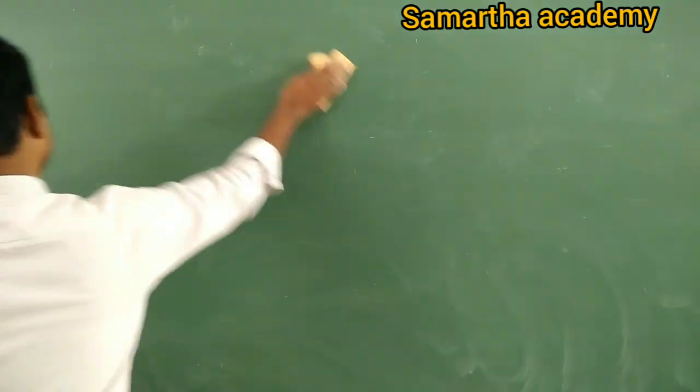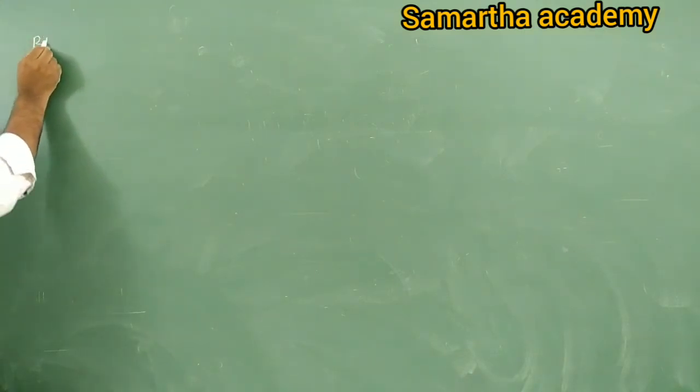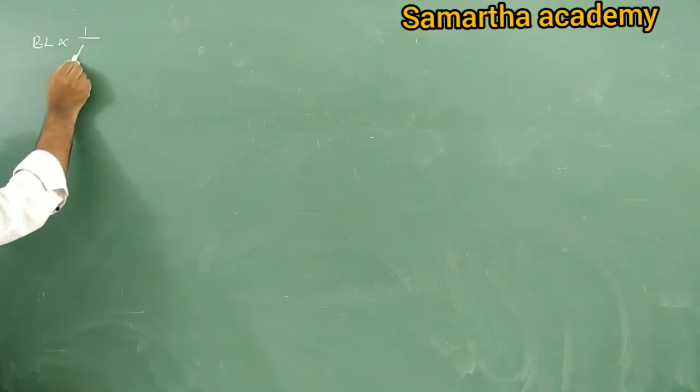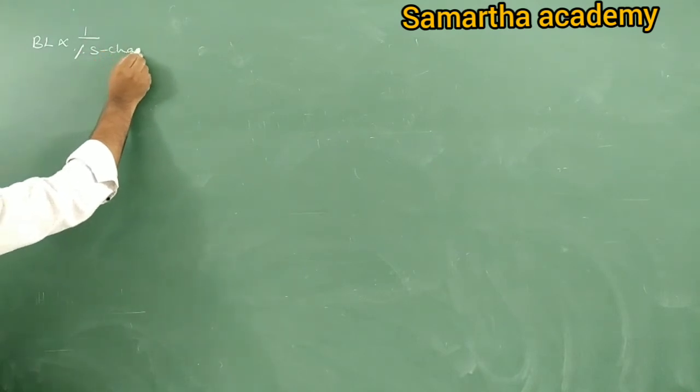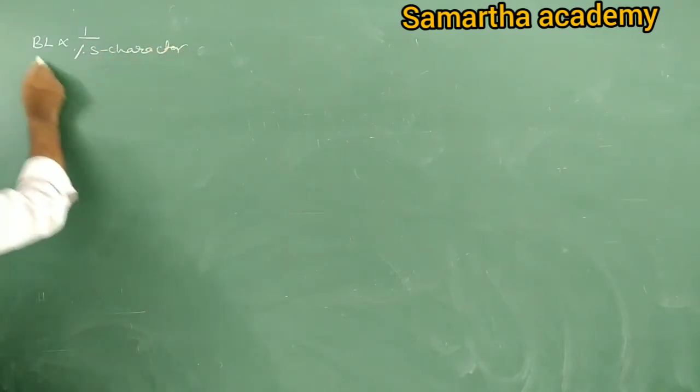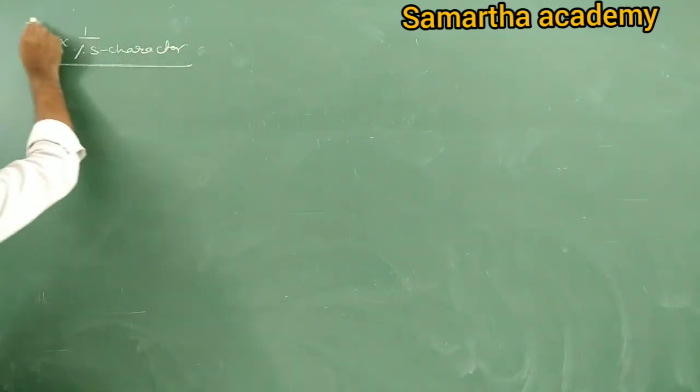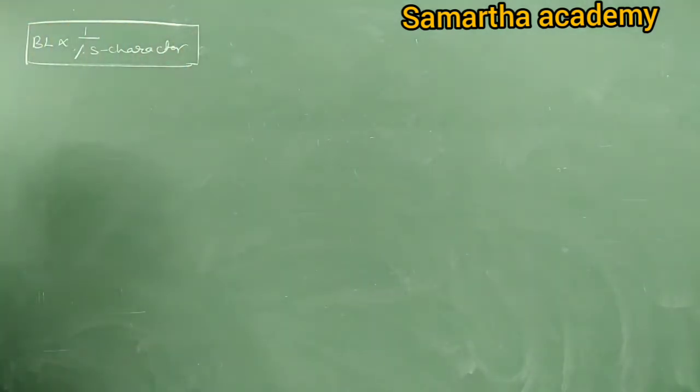Now, we are studying the relation with bond length. Bond length is inversely proportional to percentage of s character. It means as the percentage of s character increases, what happened? Bond length decreases.